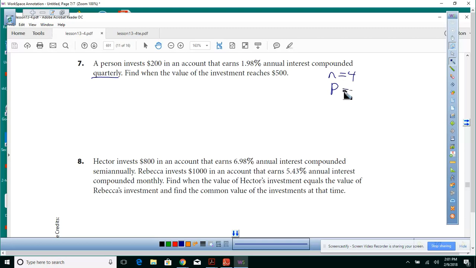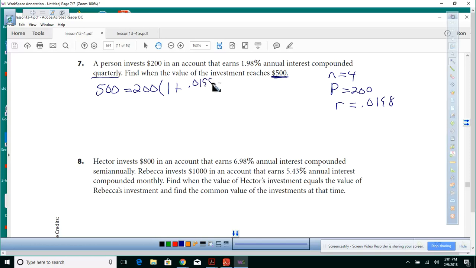The principal is $200 and the rate is 0.0198. Find when the value of the investment reaches $500. So $500 equals 200 times 1 plus 0.0198 over 4, to the 4 times t.